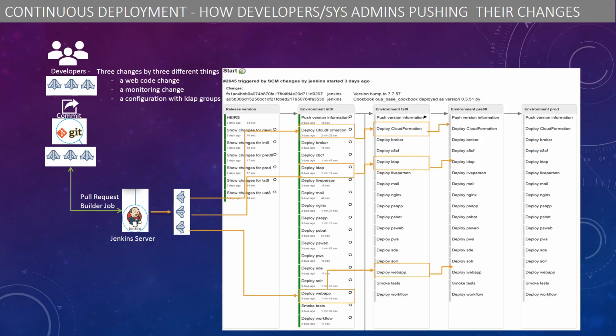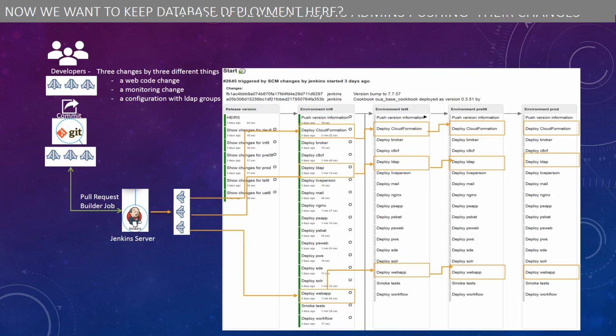Then it applies the same code in pre-prod, and it is ready to go to production. So this is all done through automation with the help of a lot of tools that I've mentioned, like Bitbucket, Jenkins server, wrapper scripts, your Chef servers or Puppet, to deploy those cookbooks or changes to these components.